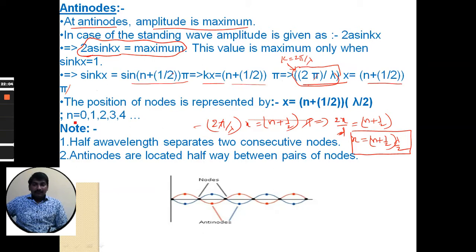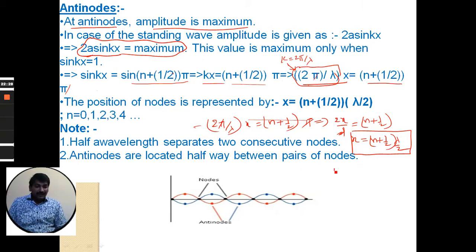When you substitute n equal to 0, 1, 2, 3, 4. In the earlier case there was no 0 because the 0 condition was already satisfied. So here if you substitute 0, the position you will not get is 0. But in the node it will be, because the node starts at the 0 point.